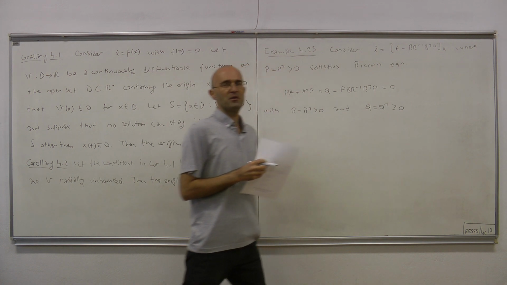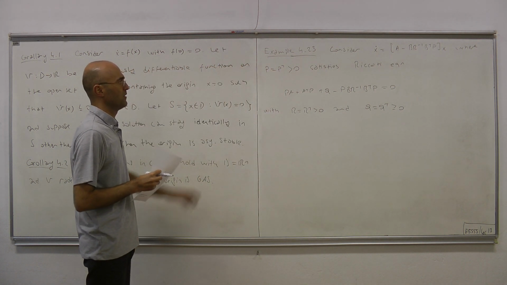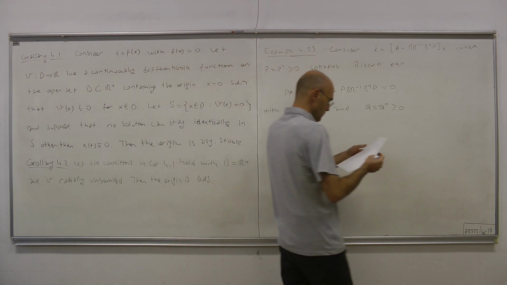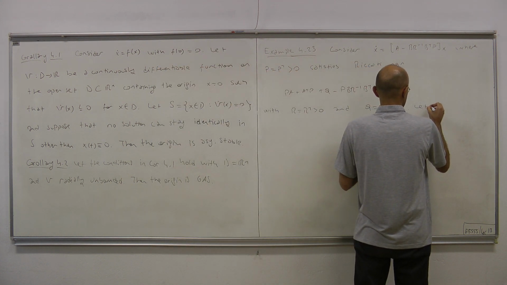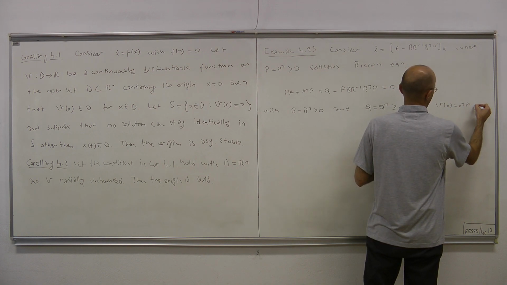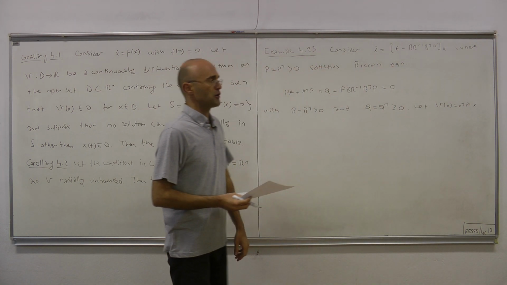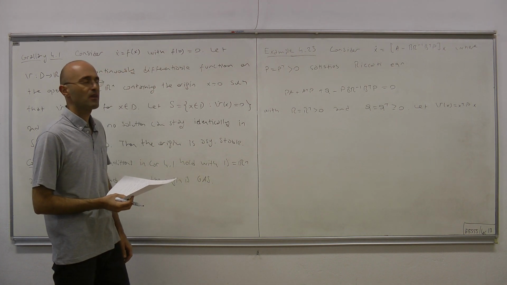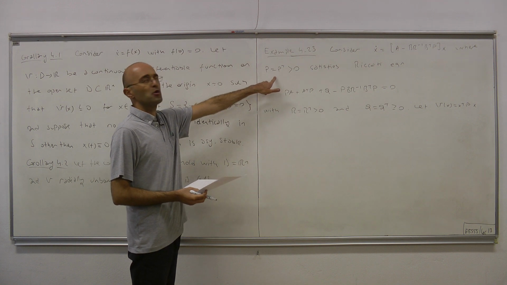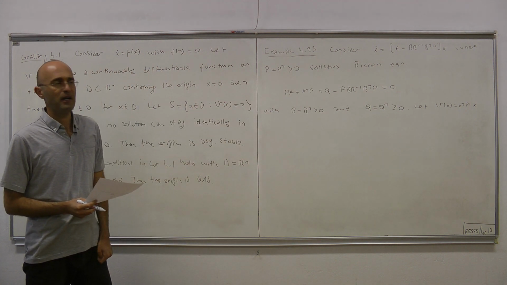This is the matrix that we use to penalize the state in our cost. Let V, our Lyapunov function candidate, be constructed as x transpose P x. Clearly that's a positive definite function because P is a positive definite matrix.